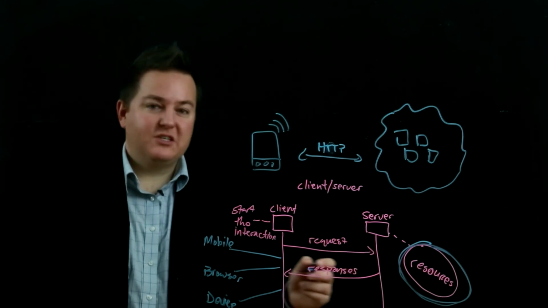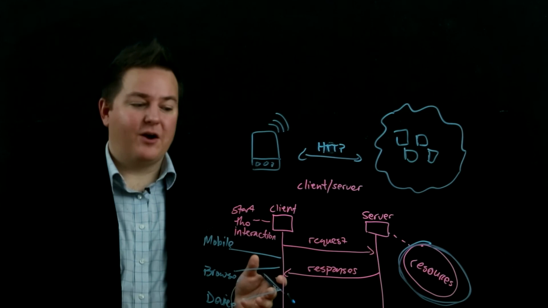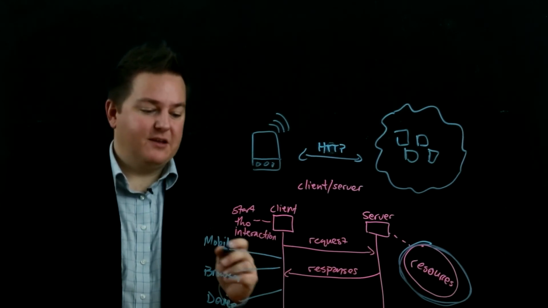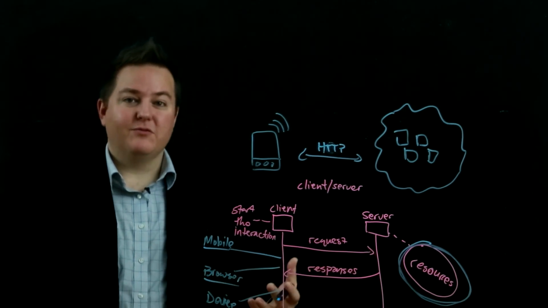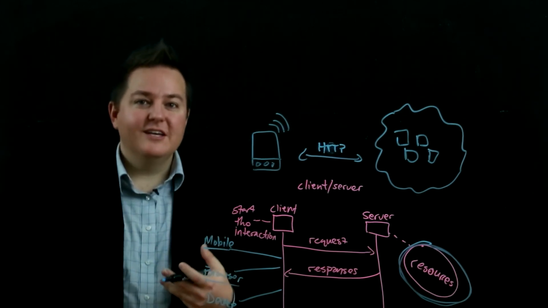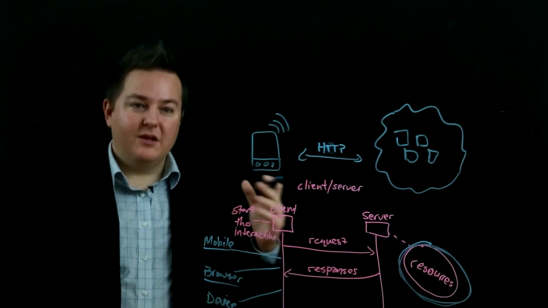So when a server sends a response back, it doesn't necessarily have to care whether the person or thing that's consuming that response is a mobile device or a browser or some other thing that it's never seen before. As long as that thing knows how to speak the HTTP protocol, it can consume the resources and services that are available on that server.